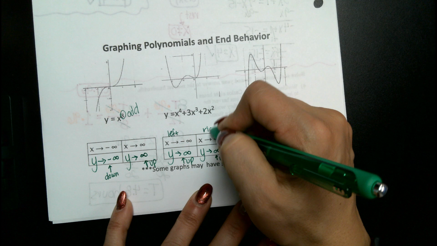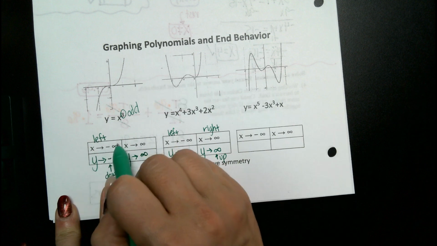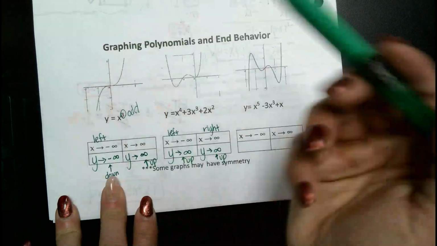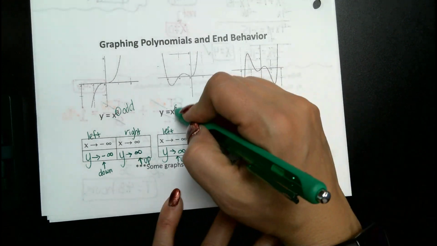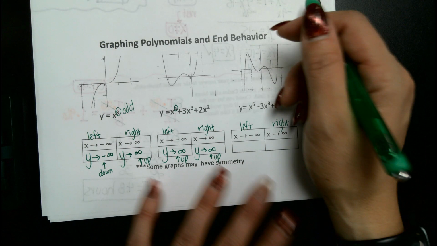Just make these notes on here. When I say x is approaching negative infinity, I mean as you go to the left. And as it approaches positive infinity, you go to the right. If you look at the equation of the one in the middle, it had an even exponent as the highest exponent.